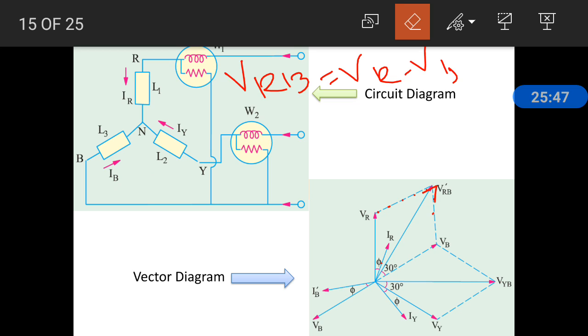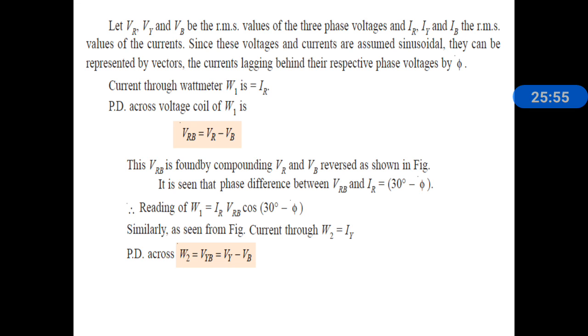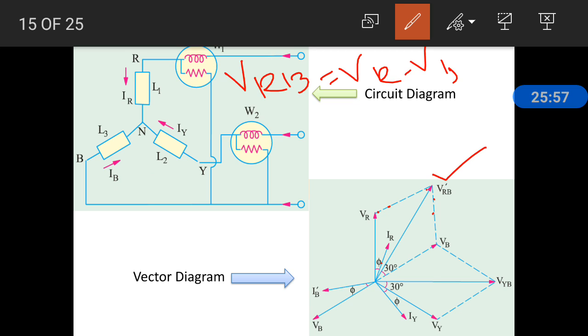So we have to calculate the phase difference between VRB and IR. The total is 30 degrees here, so 30 minus 5 is the angle difference between VRB and IR.